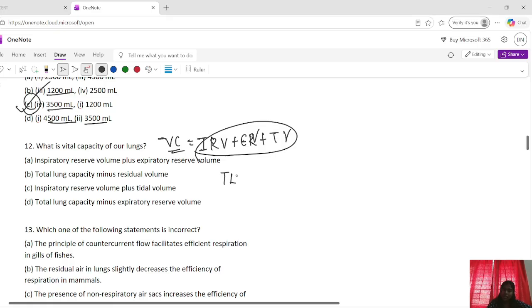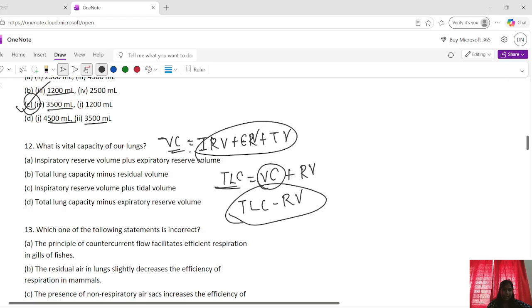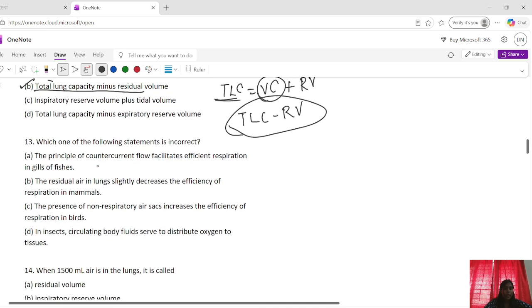Now there is another formula: total lung capacity is calculated by vital capacity along with the residual volume. So if we need vital capacity, we have to subtract the residual volume from total lung capacity. Is there any answer like this? Yes. Total lung capacity minus residual volume. So this is the answer for the 12th question.